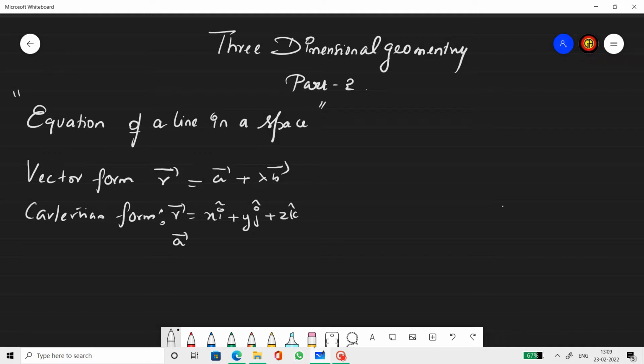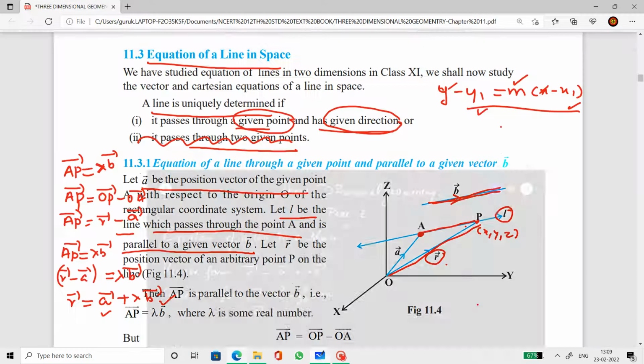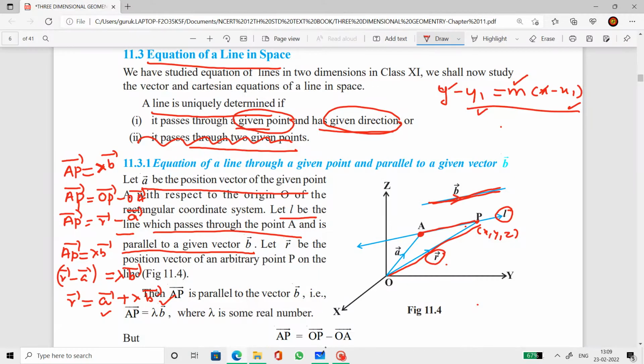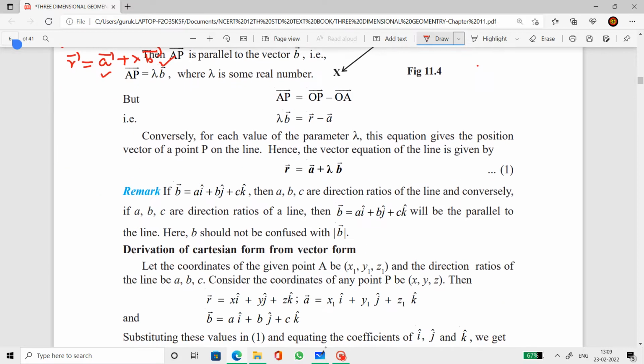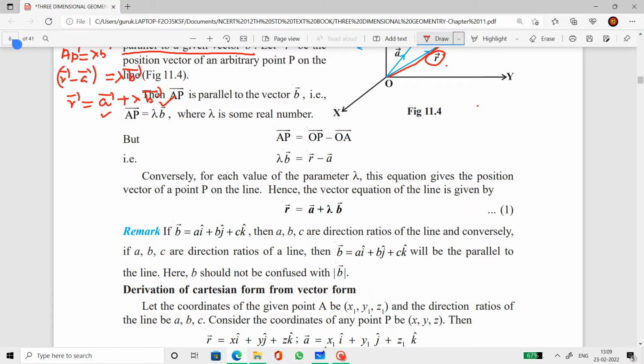Let's go to the diagram and figure out what A vector is. A vector was based on point A, and let's take point A as x1, y1, z1.